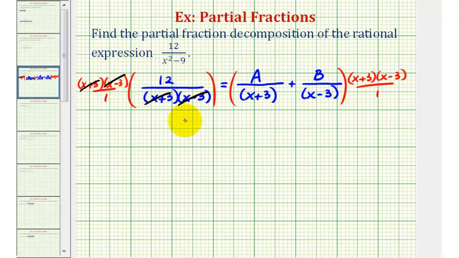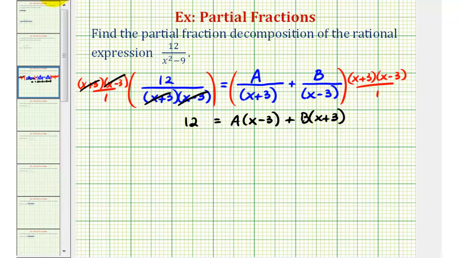So we're left with 12 equals, and on the right side, for this first product, x plus 3 over x plus 3 would simplify out, leaving us with a times the quantity x minus 3. And then for the second product, notice how x minus 3 over x minus 3 simplifies to 1. So we'd have b times the quantity x plus 3.